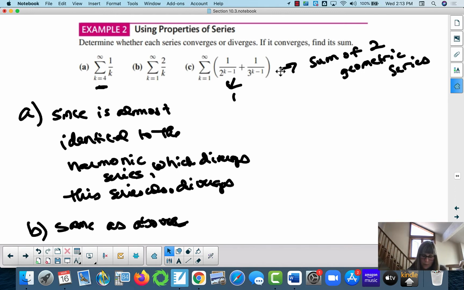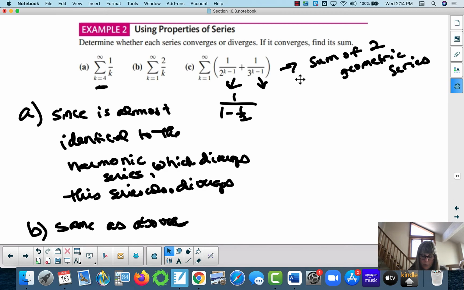And so we have a over 1 minus R. Our A is 1/2, when we put it in the R form, like you saw in the other examples back in the other video.